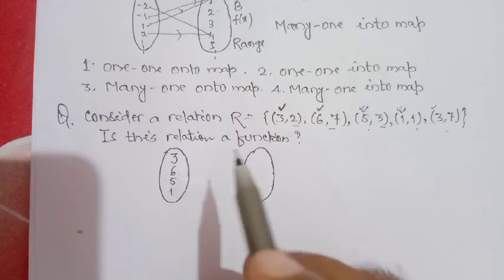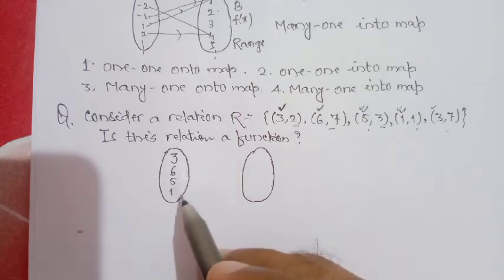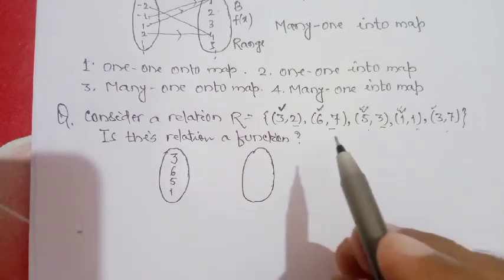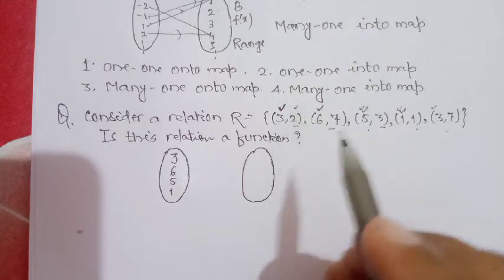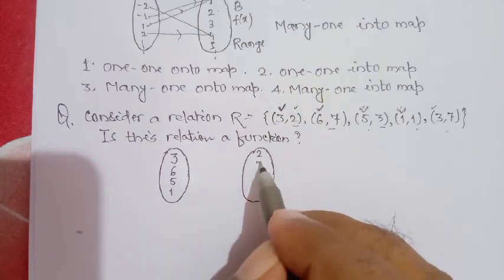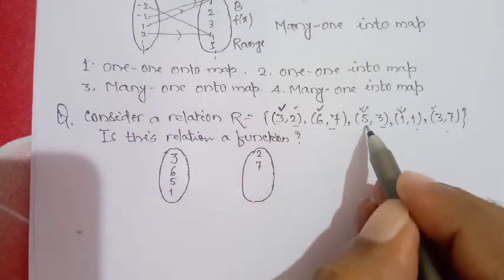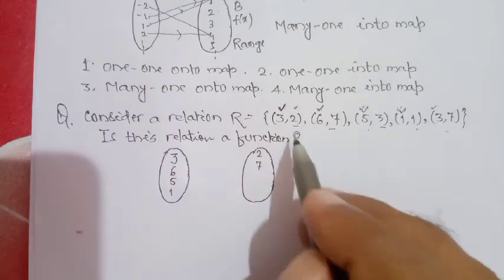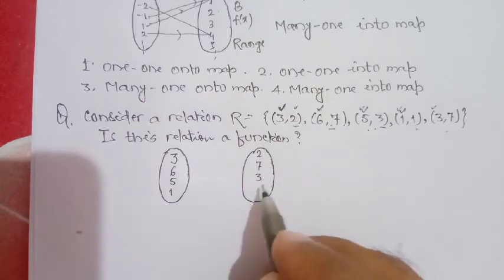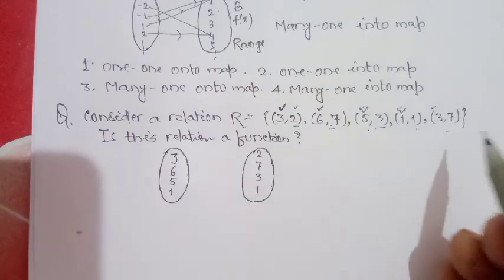Since it is a set and a set has no repeated element, so 3 is already here, so you leave it. Now write 2, 7, 3, 1 and again 7.